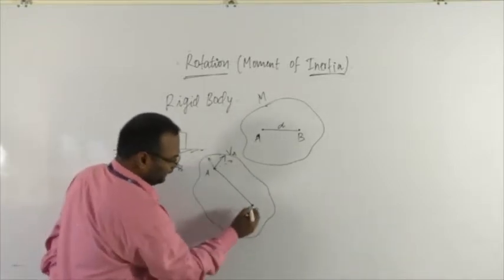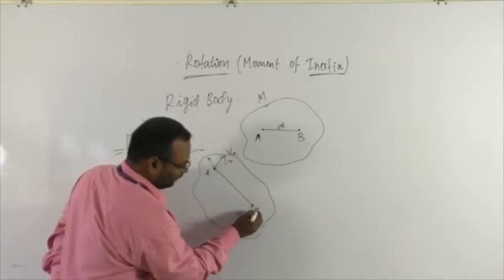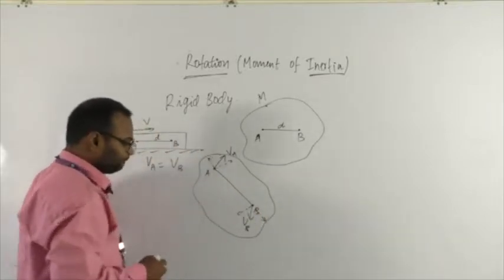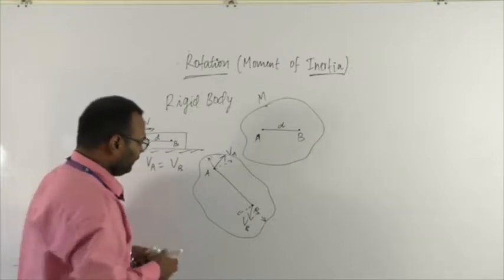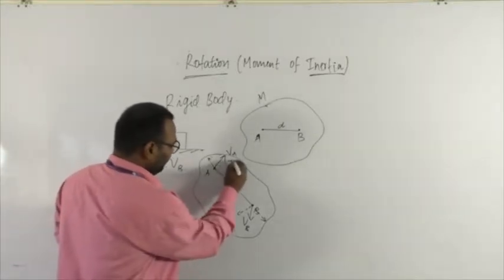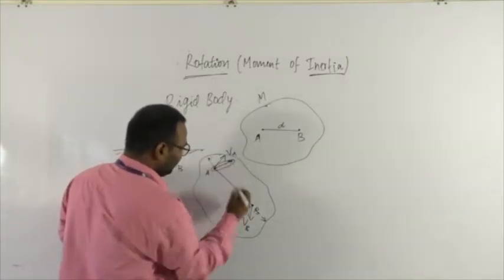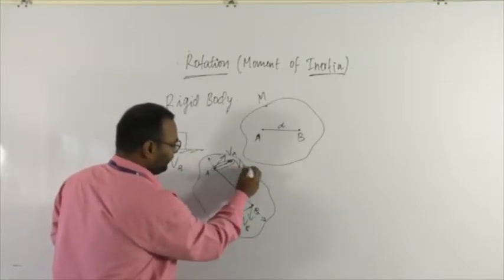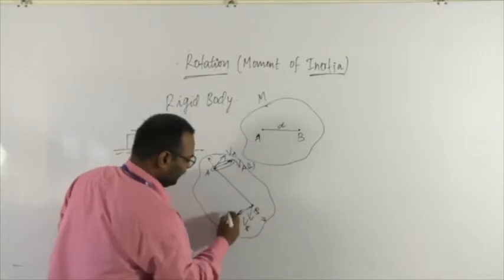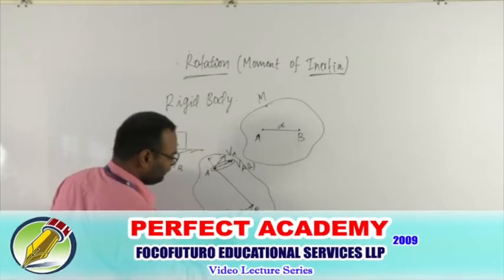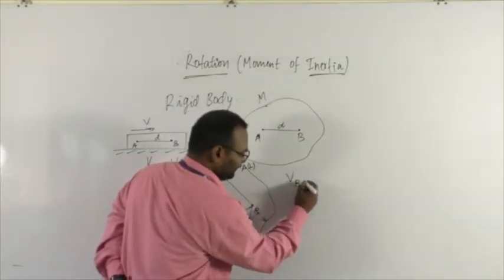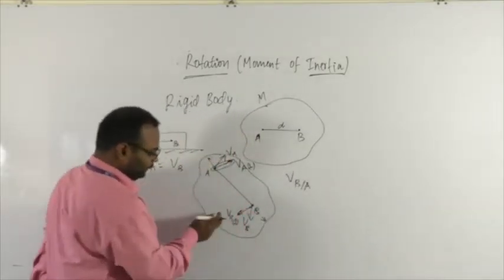This also has this component and that component. Say these two components are vA1 and vB1.